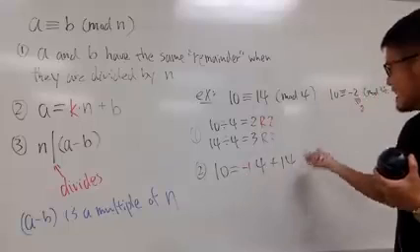And the third way, as I said, n divides into a minus b. So n is 4, which divides into a minus b, which is 10 minus 14. In other words, we're saying that 4 divides into negative 4. Why? Because we know negative 4 is equal to 4 times negative 1.